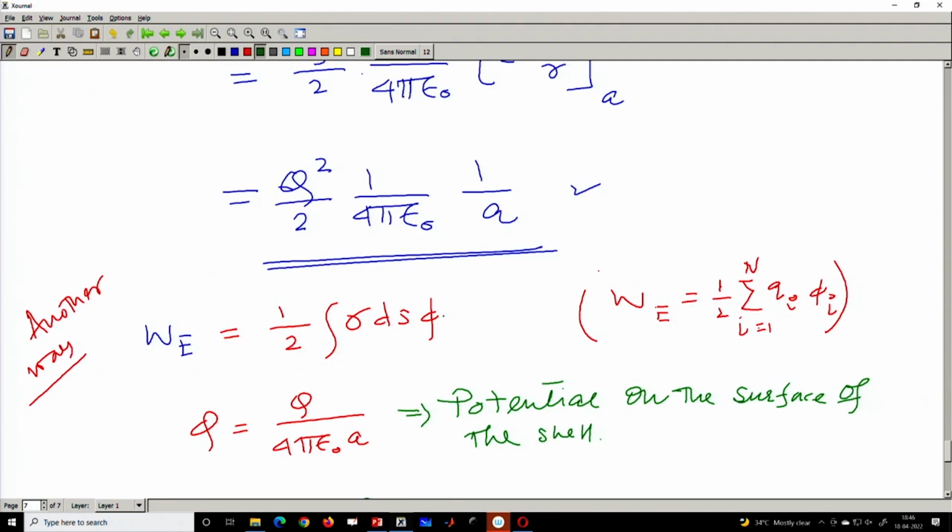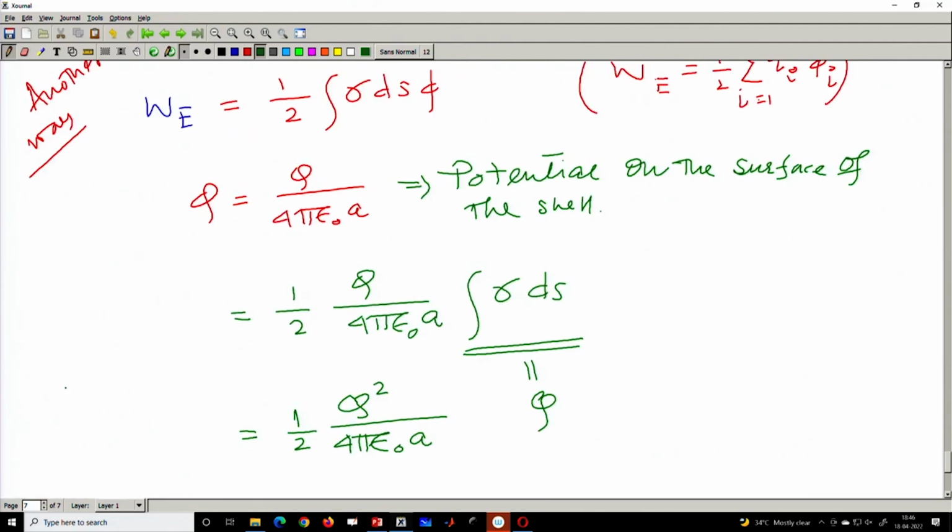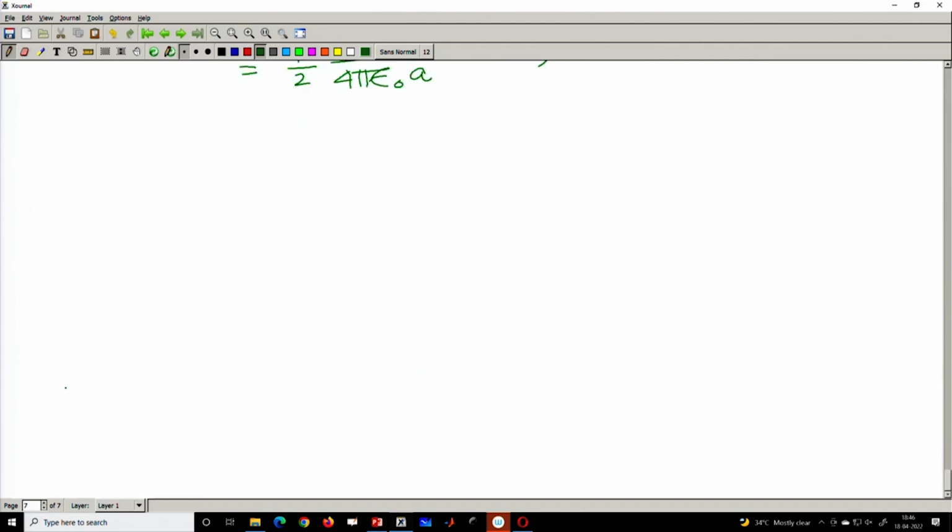Okay. Now, finally, I would like to do the problem. This was for a spherical cell, and now I will have example 3.